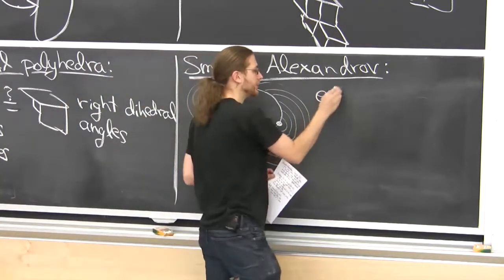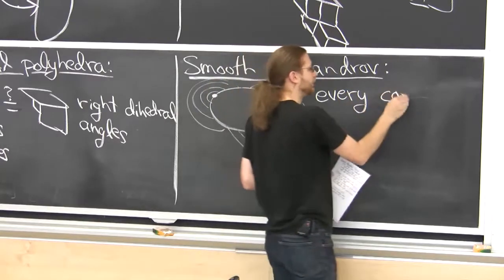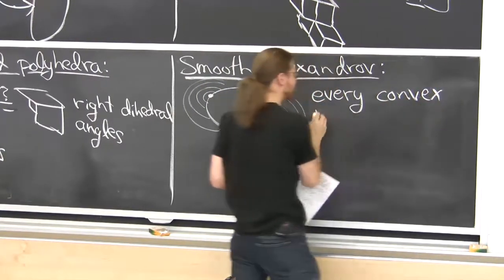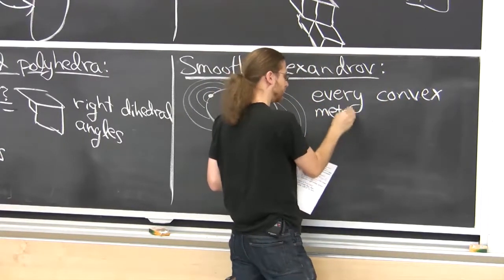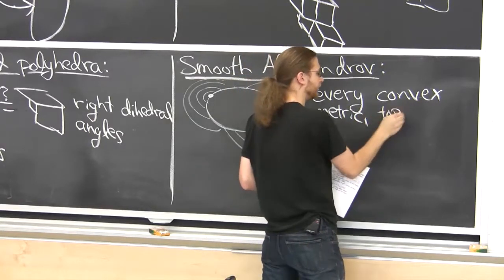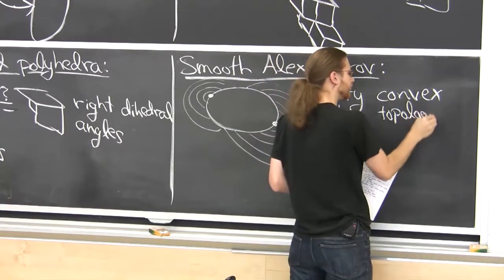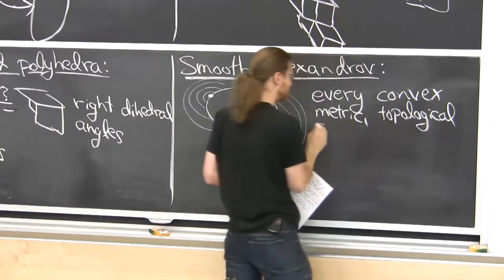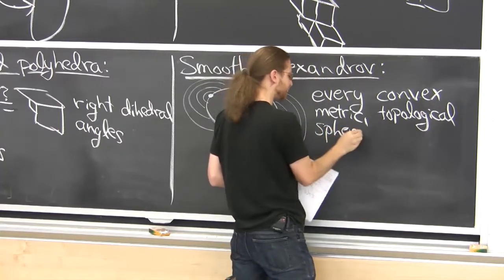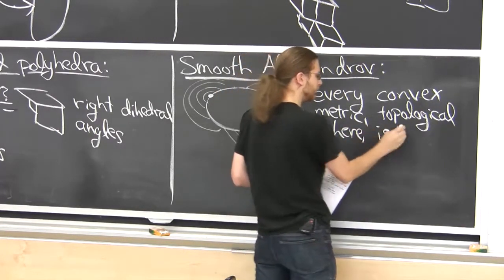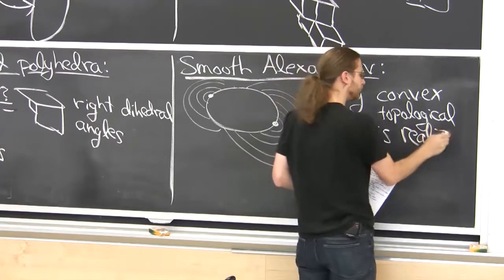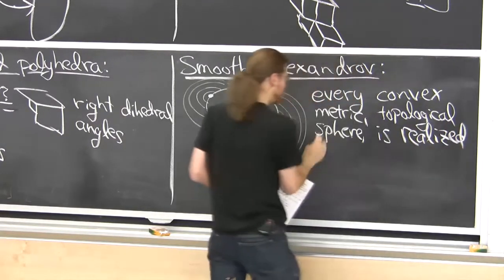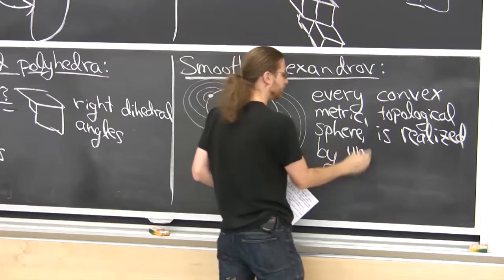So every convex metric that's topologically a sphere is realized by a unique convex surface.